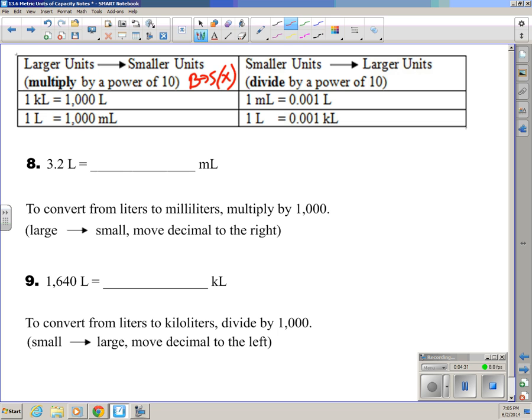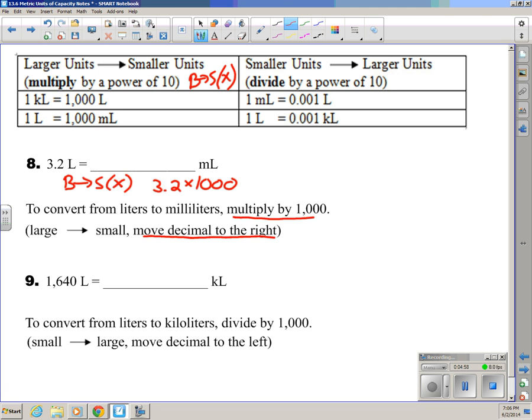So if I'm going from 3.2 liters to milliliters, I'm going from big to small, which means I should multiply. I would take 3.2 and multiply it by 1,000. Now I don't feel like multiplying it by 1,000, so what's the trick? If you're multiplying by 1,000 to convert liters to milliliters, move the decimal to the right.